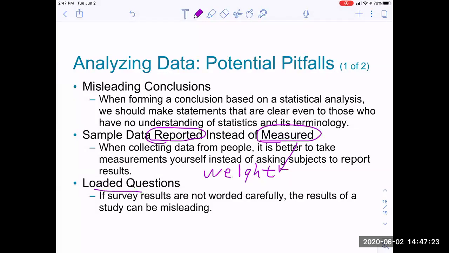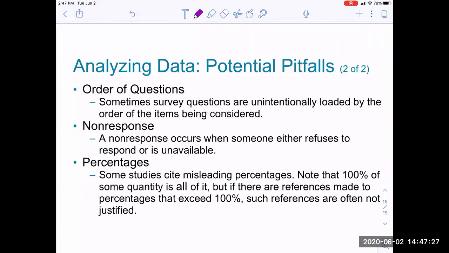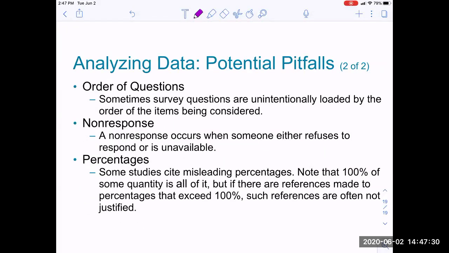Surveys can have loaded questions. Absolutely, I bet you've seen some. The order of questions on a survey can actually be leading as well. Sometimes people will report statistics and they won't talk about the people who didn't respond, because some people like to volunteer information, others do not. That's bias in the sample. Or I should say bias in the data.